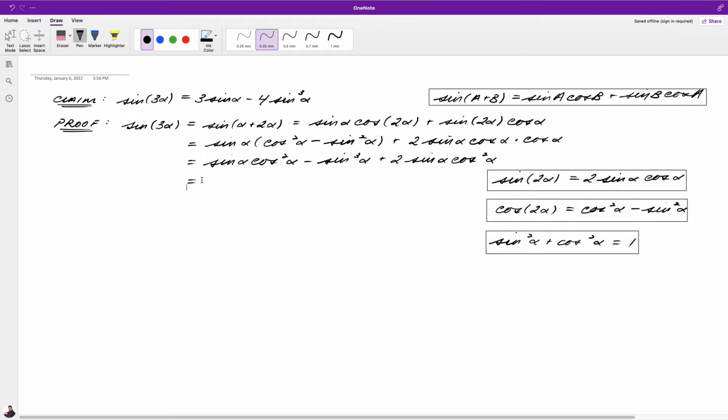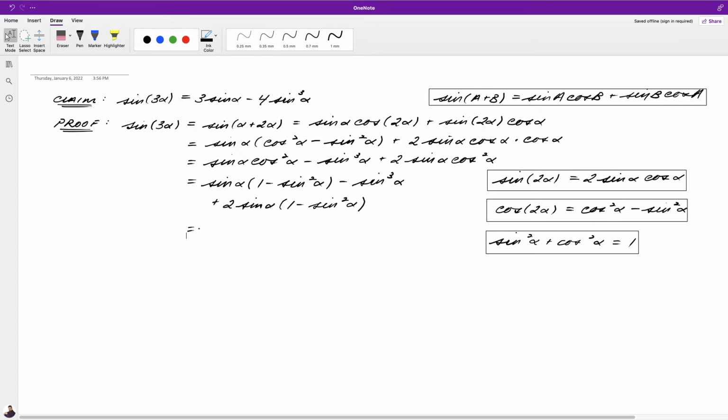So this is going to give me sine alpha times the quantity, by this famous Pythagorean identity, 1 minus sine squared alpha, minus sine cubed alpha, plus 2 sine alpha, and then cosine squared alpha is again 1 minus sine squared alpha.